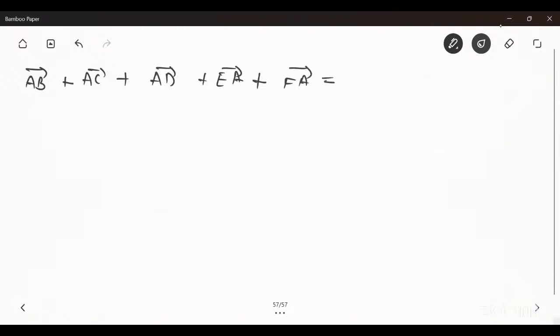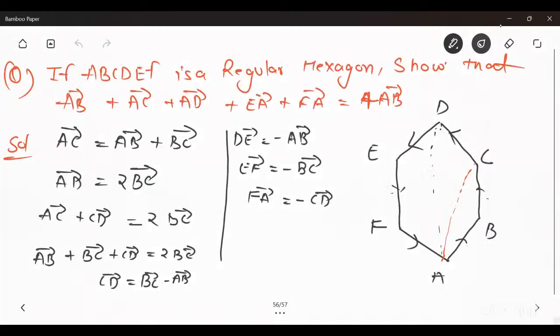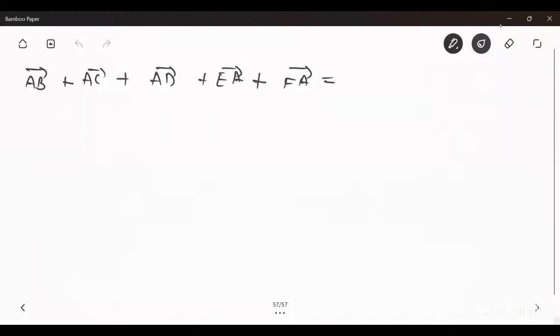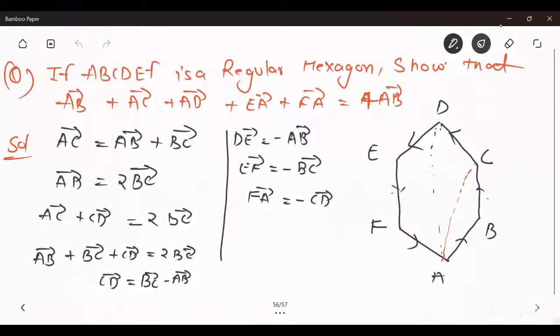which is given in the question, is AB vector plus AC vector plus AD vector plus EA vector plus FA vector. Now the value of AB vector is AB vector, AC vector is equal to AB vector plus BC vector, and AD vector is two times of BC vector.